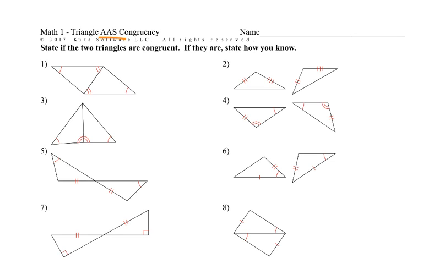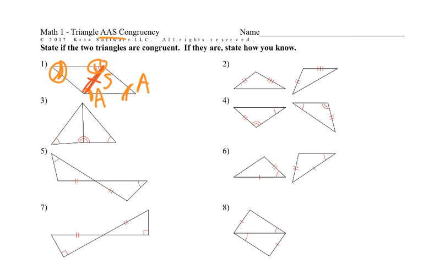All right, so we look at number 1. So I've got 1 angle. I've got 2 angles. Okay, now do they share a side? Yes. So we've also got a side. So is that side in between our angles? Nope. Is it for both of them?